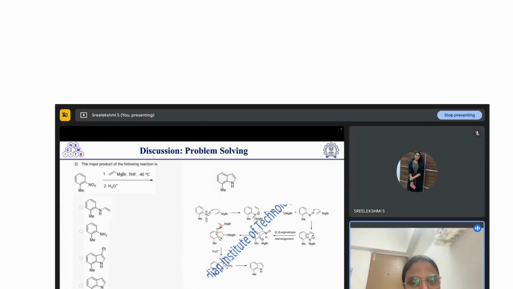Then again this proton will be taken by this vinyl magnesium bromide, and that bond will shift to here, and this bond will shift to here, and that nitrogen will take up a water molecule, and this magnesium bromide upon hydrolysis will convert into an OH2 plus, and then again this proton will shift to here, and this will leave as a stable water molecule to get this methyl substituted indole as the major product. So the correct answer is option D. I hope it's clear.